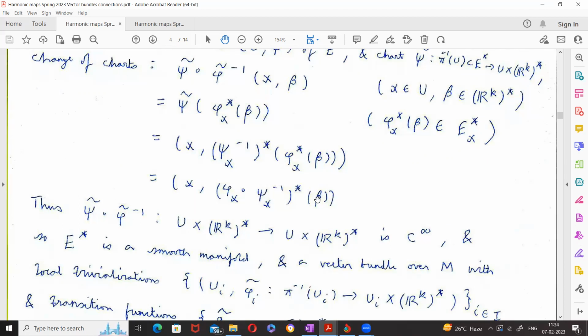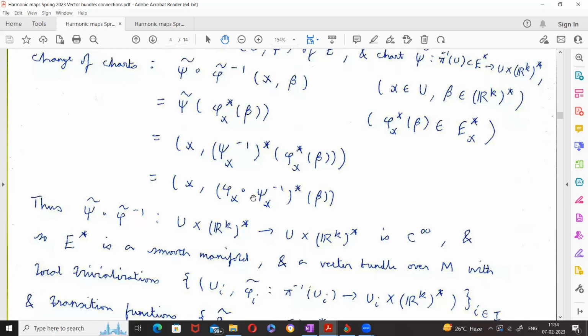And this map phi X composed with psi X inverse is nothing but a transition function, right? This is a transition function for the pair of trivializations phi and psi. Okay, this is a transition function for the vector bundle E, and then I'm taking its dual, pointwise. All right.